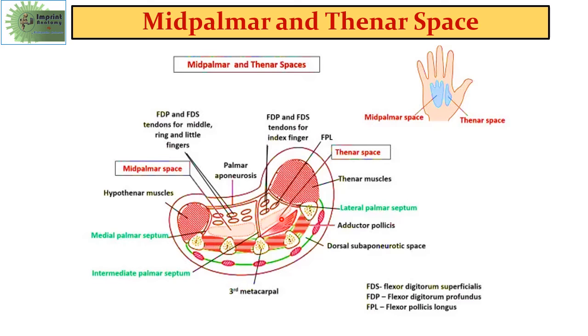Yes, as we have seen, the thenar space is located in the thenar region. So again, anteriorly, the palmar aponeurosis, the flexor tendon of the index finger and the flexor pollicis longus, which is covered by the synovial sheath commonly called the radial bursa, and the first lumbrical.